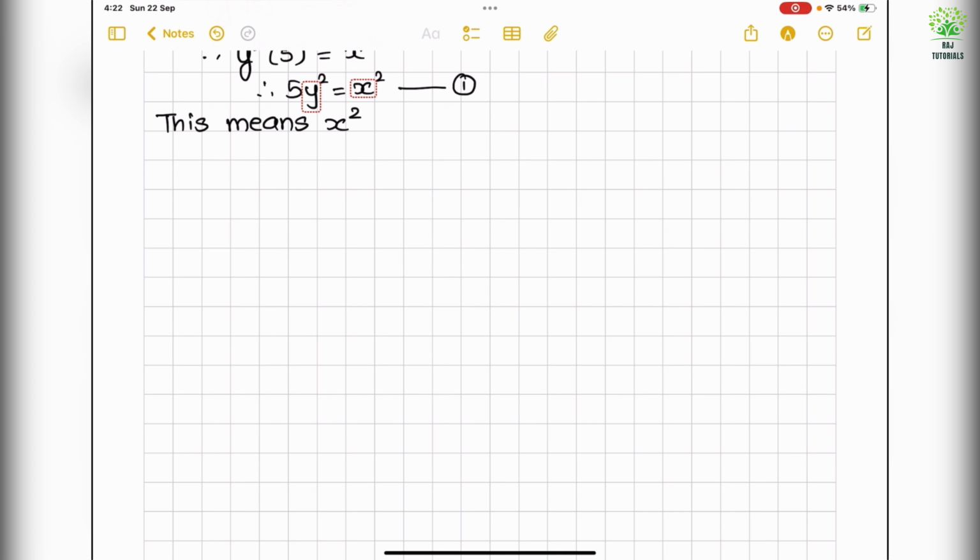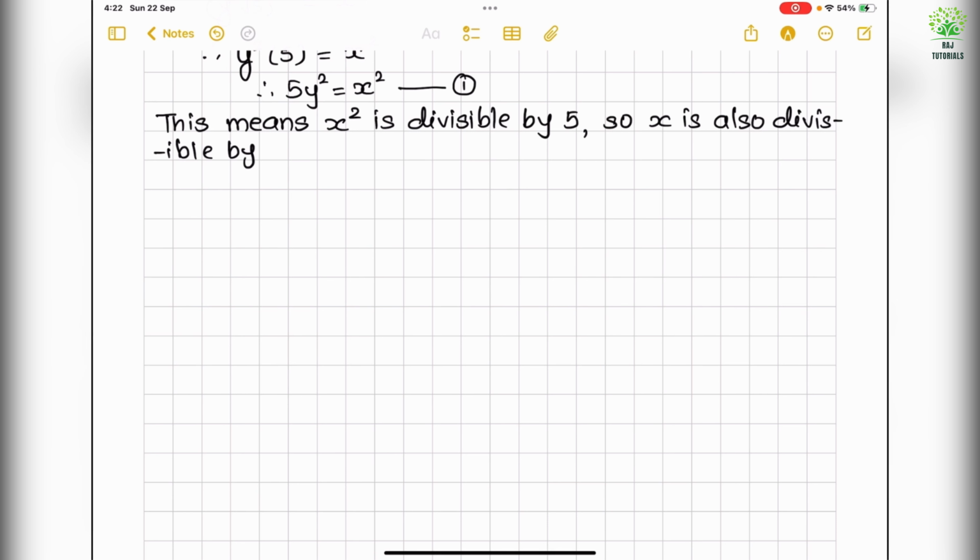Now this means x square is divisible by 5. So x is also divisible by 5.